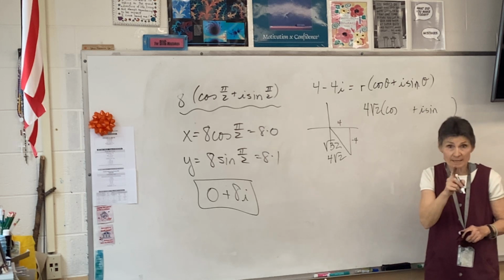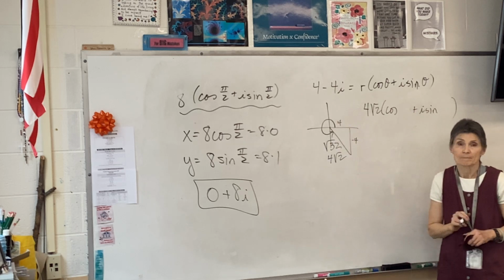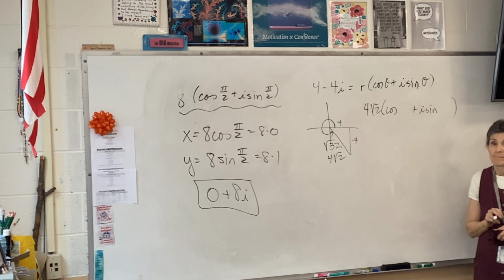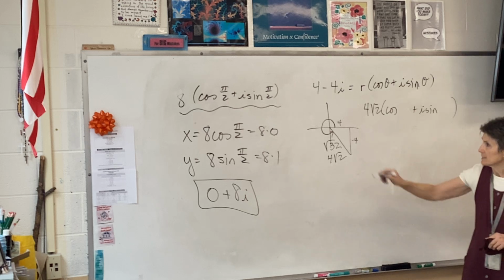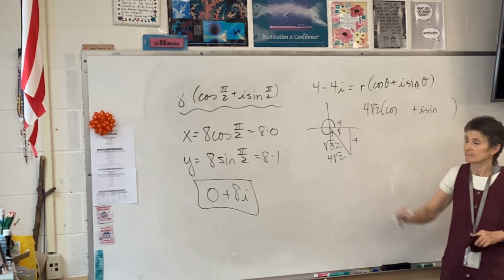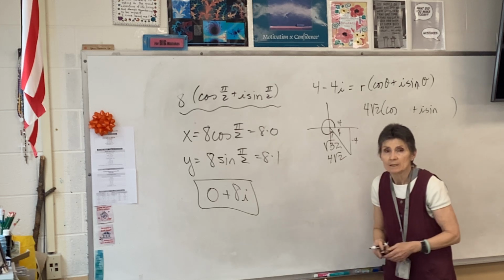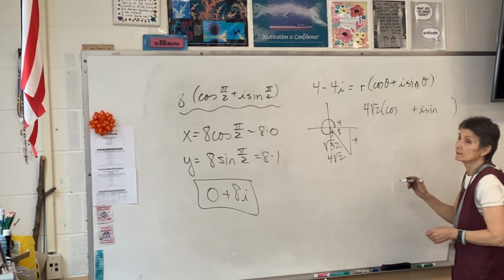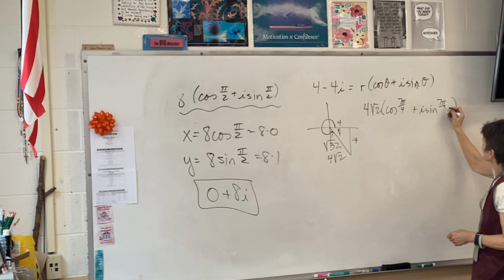Now I need theta, which is this. See that 4 and 4? That means that angle is pi over 4 right there. What is my pi over 4 angle in quadrant 4? 7 pi over 4.